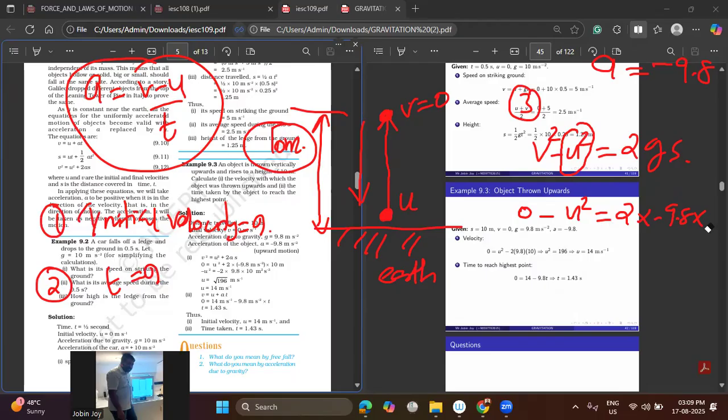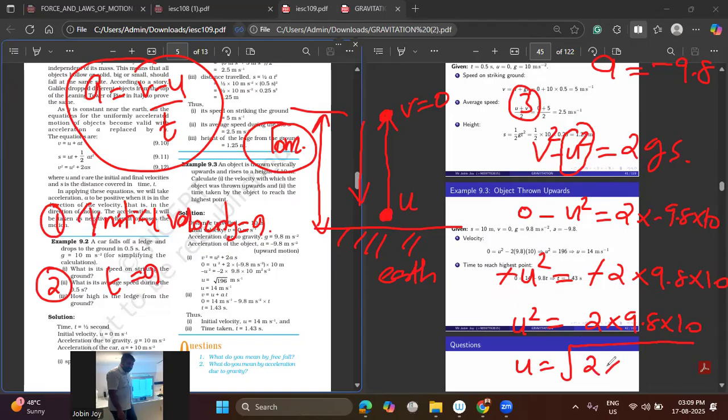So minus u square is equal to minus 2 into 9.8 into 10. The minus cancels, so u square is equal to 2 into 9.8 into 10. So u is equal to the square root of 2 into 9.8 into 10.